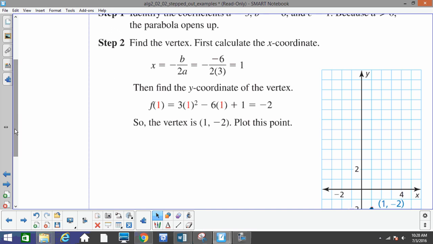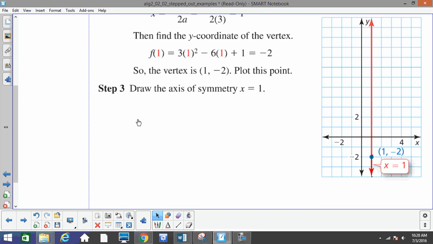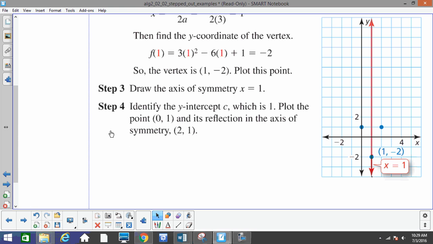So your vertex is 1, -2. Go ahead and plot that point. Your axis of symmetry is going to go through that point. It's x equals 1. And then your y-intercept is your c value, which is 1. Draw the mirror image on the other side.